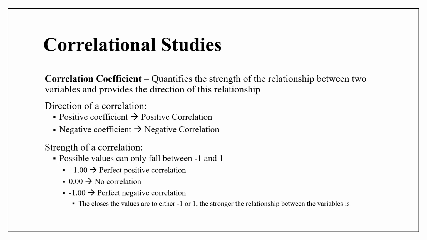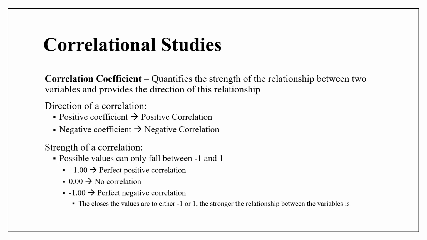And again, the closer you are to -1 or 1, the stronger it's going to be. The closer you are to 0, the weaker it's going to be. But the sign itself does not tell you anything about the strength, because +1 and -1 are equally strong. It's just that one of them is a positive correlation, the other one's a negative correlation, and they represent a different type of relationship between the variables.